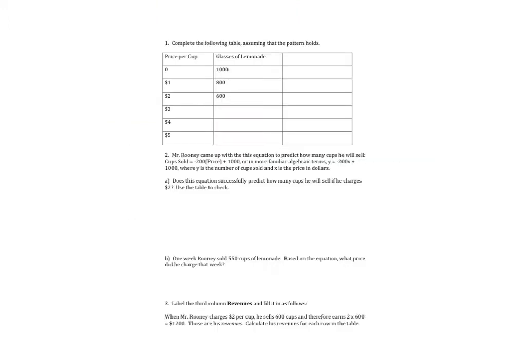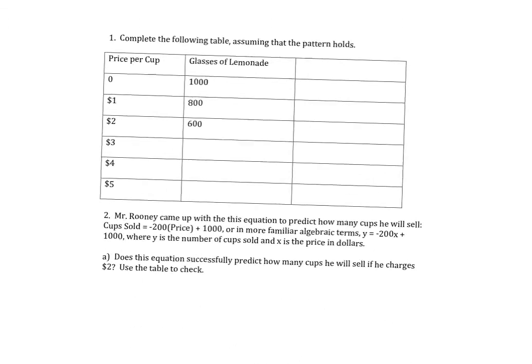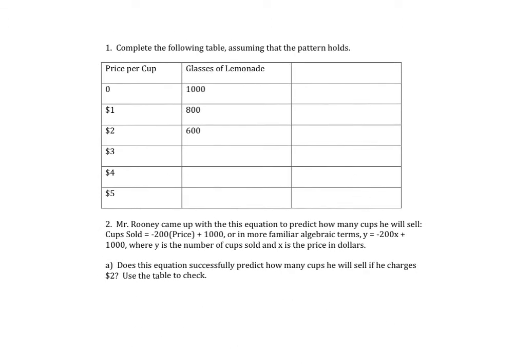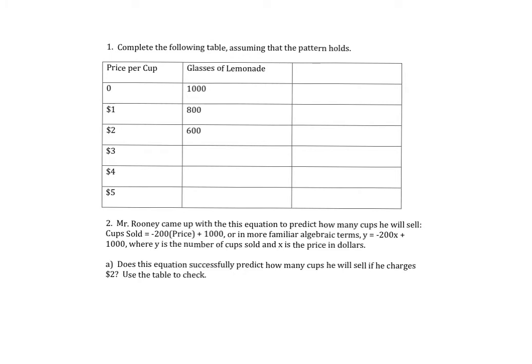Then we're told, okay, here we have this table and we want to fill it out assuming that the pattern continues to hold. What we see here is that every time the price goes up by 1, the number of lemonade glasses that we sell goes down by 200.